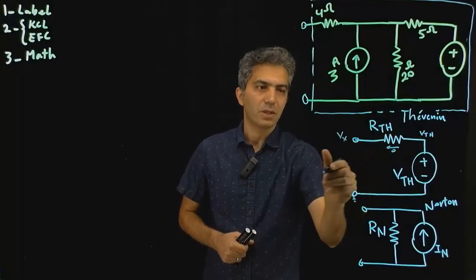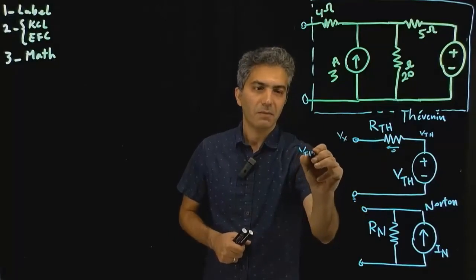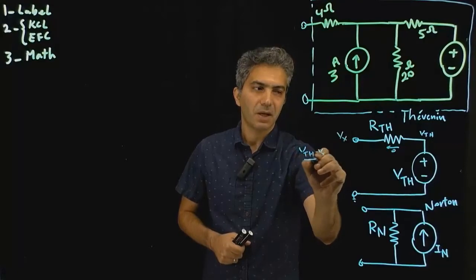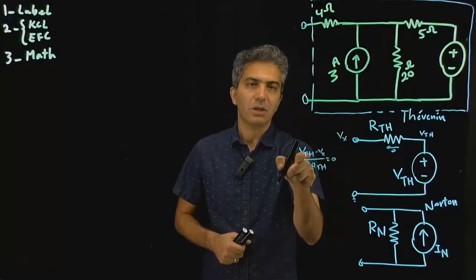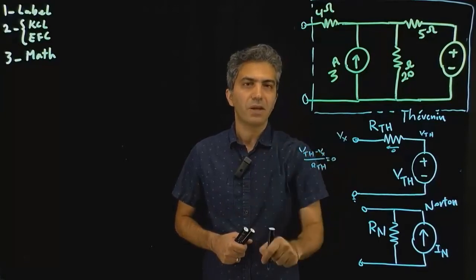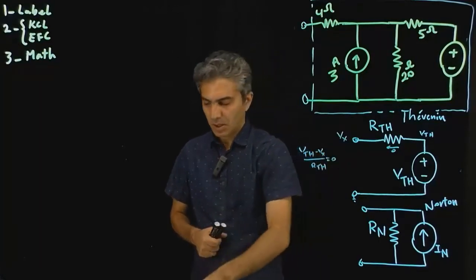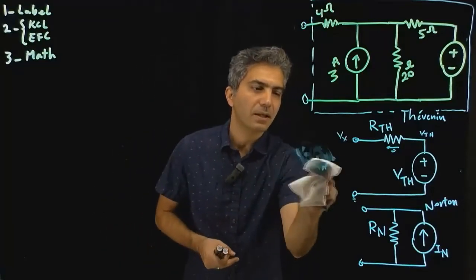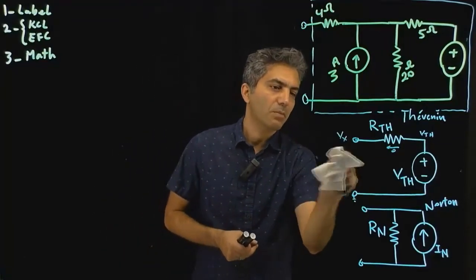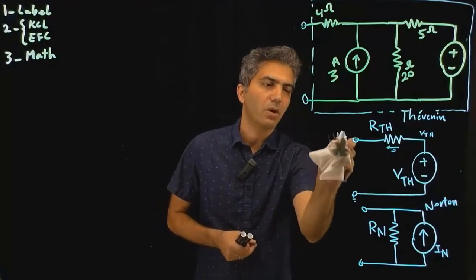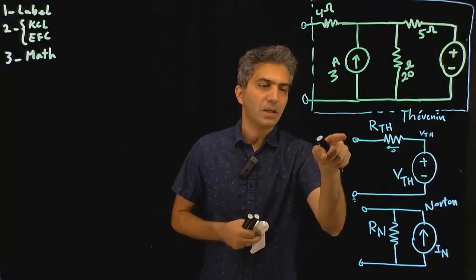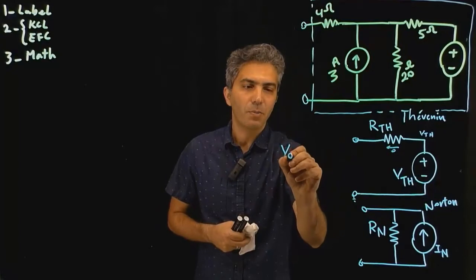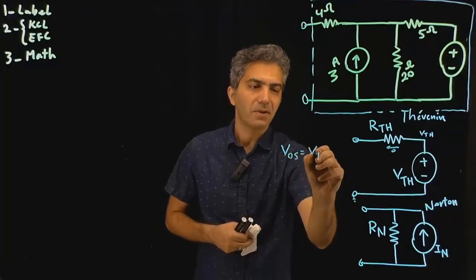So Thevenin minus Vx divided by R Thevenin is equal to 0, which immediately tells you that Thevenin and Vx are the same. So in other words, if I leave this hypothetical model open, then the open circuit voltage is the same as Thevenin.